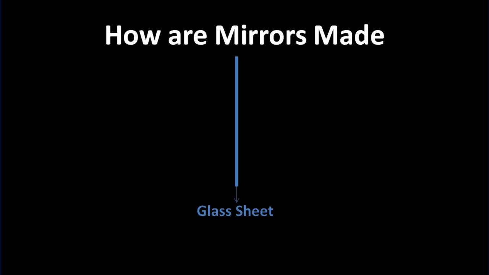The most common reflecting object that we see is a mirror. Let us understand how a mirror is made. A transparent glass sheet is taken. One side of the glass sheet is silvered.